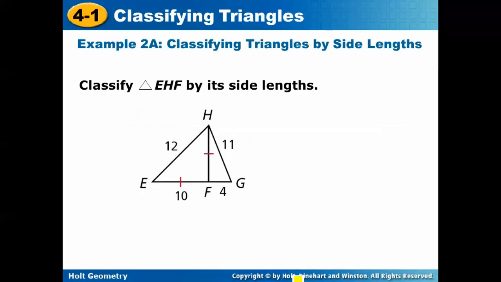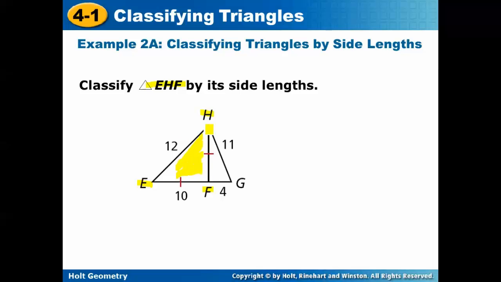So, we're going to use this information to look at how we classify triangles by the side lengths. We're given triangle EHF, and they want us to classify that by its side lengths. So the first thing I have to do is make sure that I understand which triangle we're looking at. So we're looking at EHF, so this triangle here.